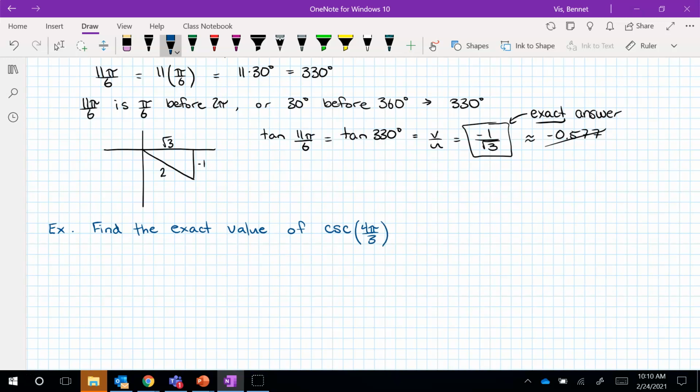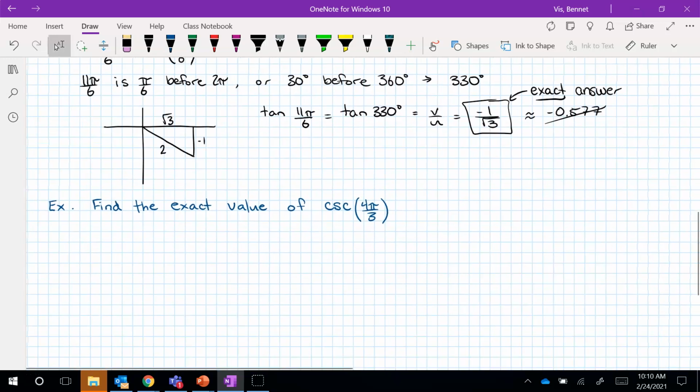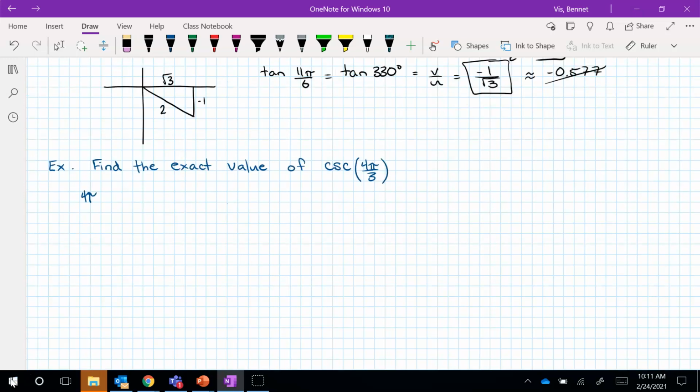And you can't just plug this into your calculator. You can't go to Desmos, right? I want you to find this exact value. So we need to figure out, well, where is 4 pi over 3 on that circle? I want you to pause the video here, try to do it yourself, and then I will work through the solution.